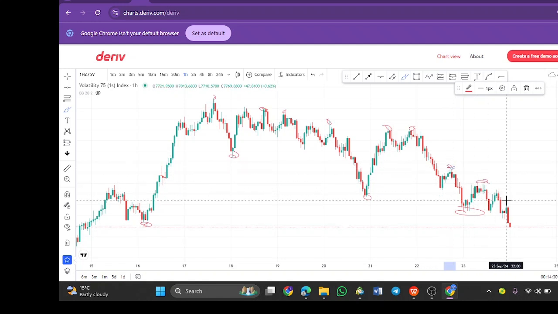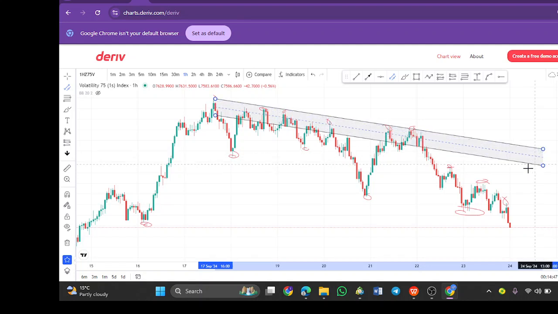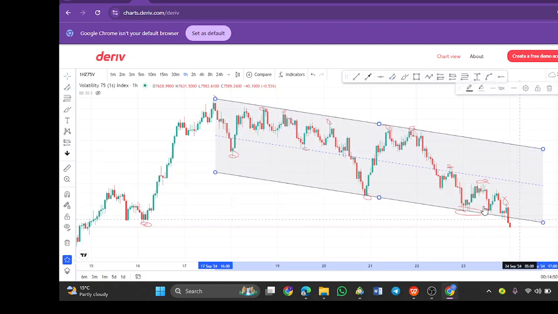After knowing those zones, the third thing is to connect the zones using a channel.